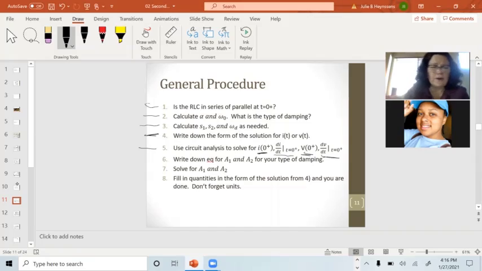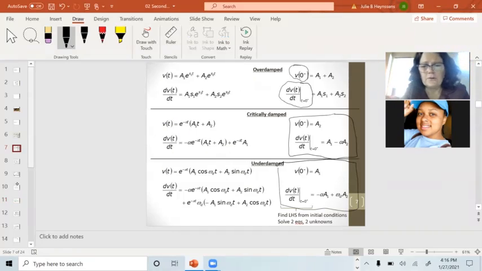Okay, you know the type of damping, and since you know the type of damping, you can look at this and say, I'm going to write down these equations. If it's over damped, I write down this pair, critically damped, the pair in the middle, and under damped, I write down that pair. I've already gone through the step of figuring out what the initial voltage is, and the initial rate of change of voltage, so I can plug those in.